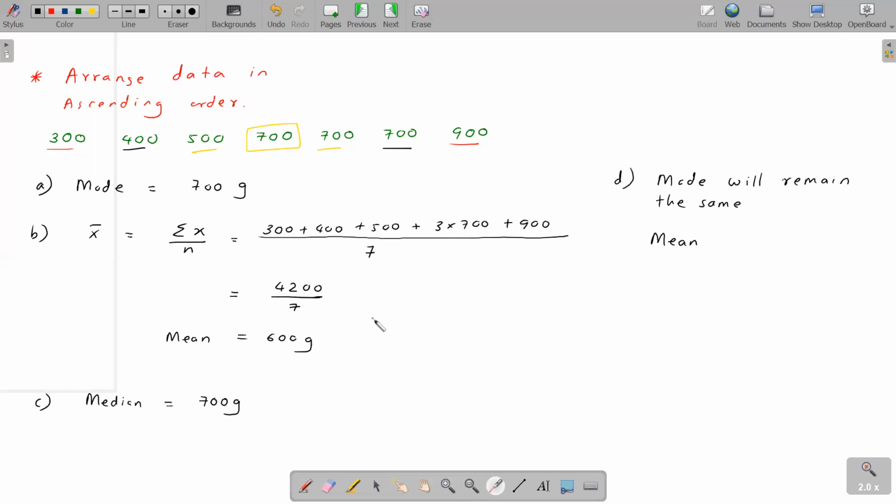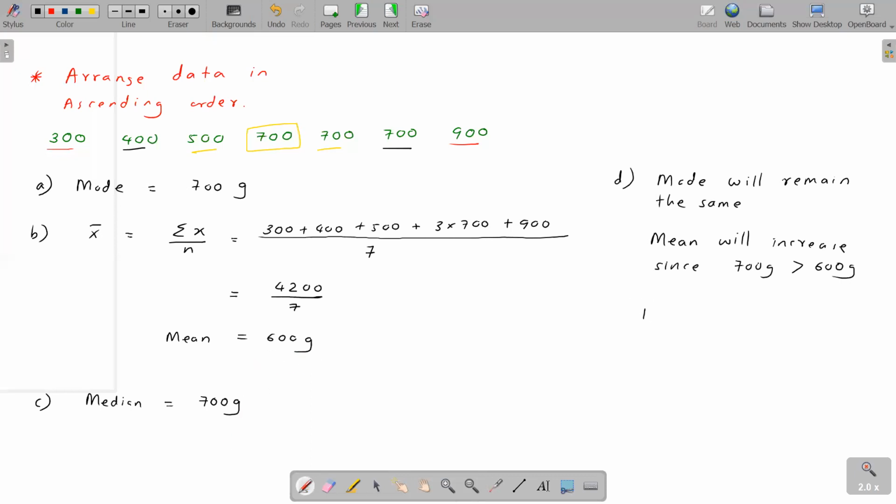So you are adding 700, which is more than the previous mean. Therefore, the mean will increase, since 700 grams is higher than 600.